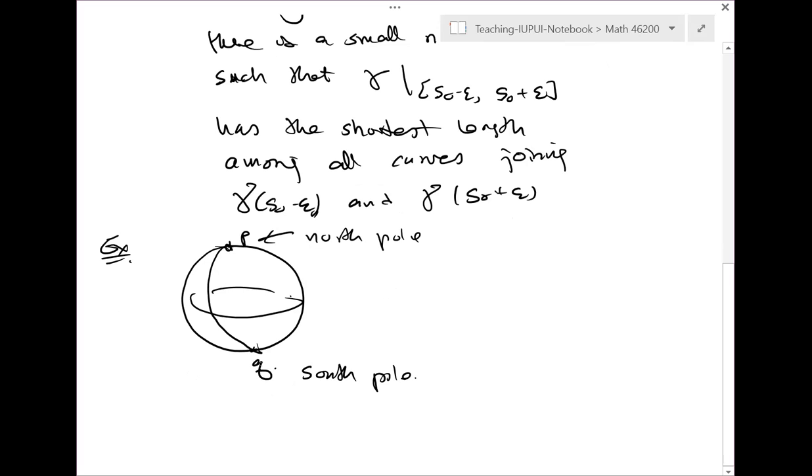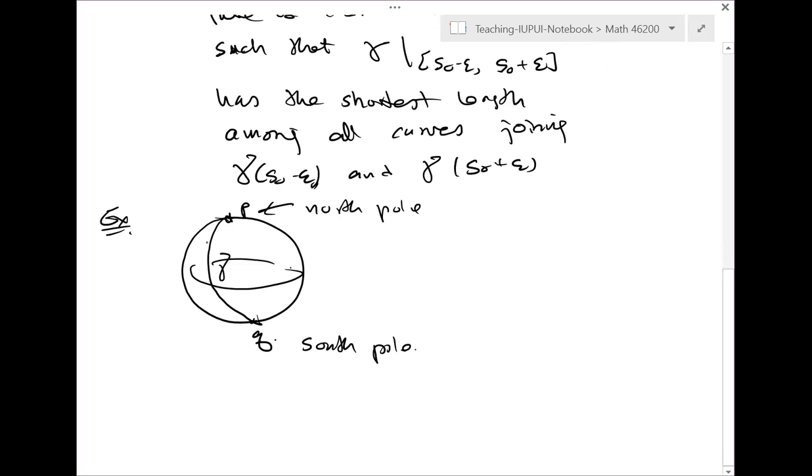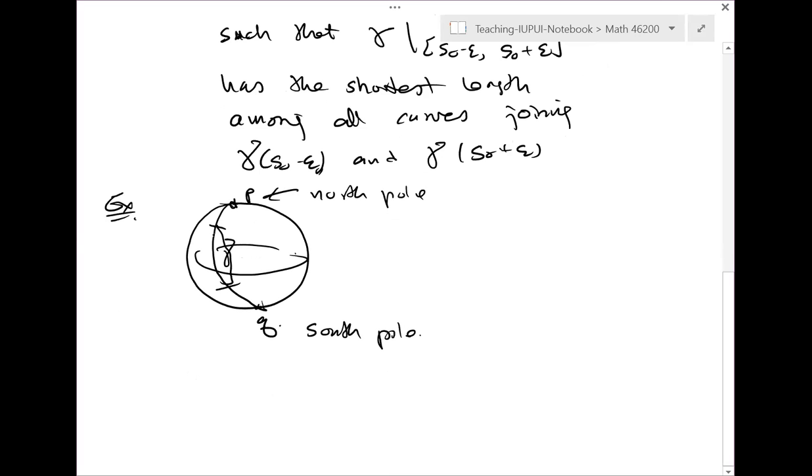Any great circle from P to Q, any piece of that has the shortest length among all the curves joining its endpoints. I think it's easy to see that. We can look at it later.